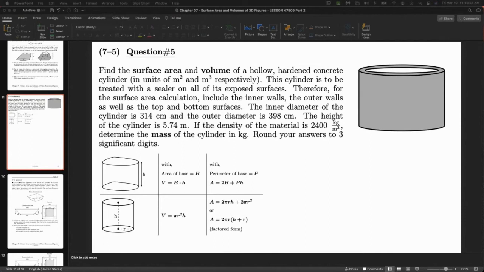So anyway, here we have a cylinder that is to be treated with a sealer, and we have to treat the inner walls, the outer walls, and the top and bottom surfaces. The question is also to find the volume. Now, the volume is actually very easily calculated.